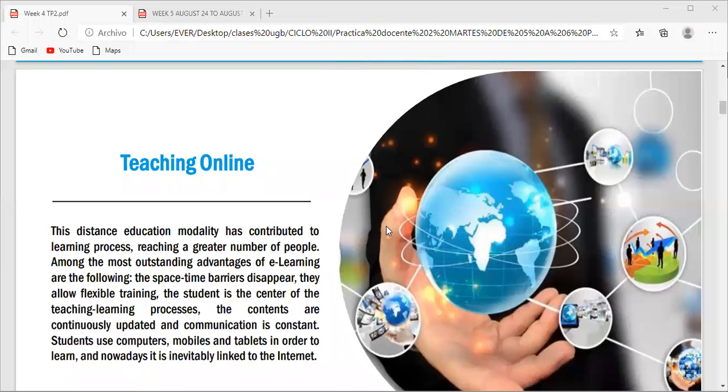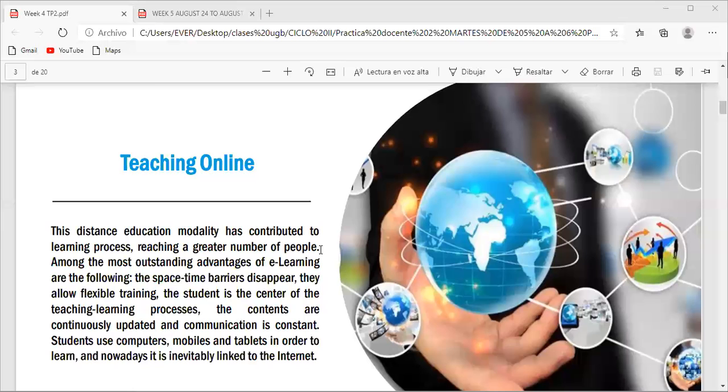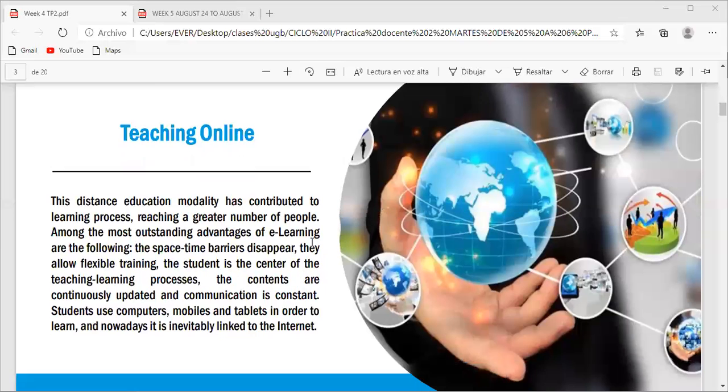Also, it is easy to use, I would say, because you can just follow some steps, and you're going to be acquiring and getting used to a new tool. For example, you can also share presentations with your students and all that.